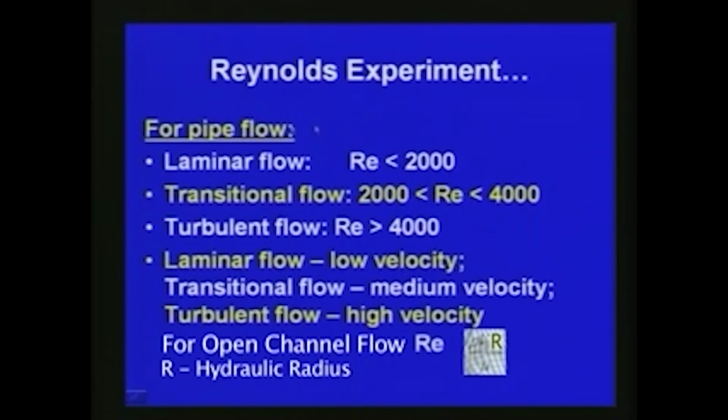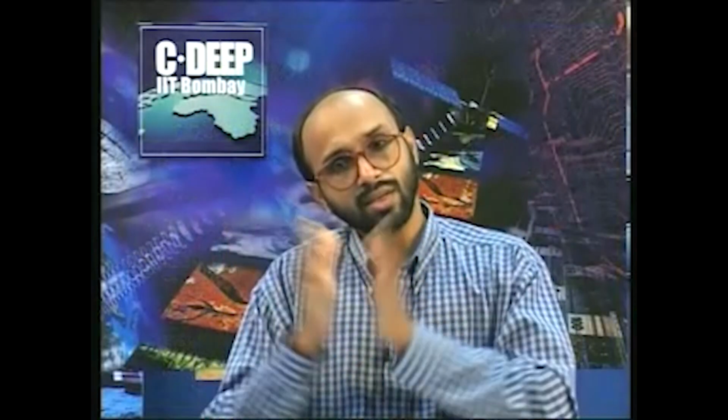Beyond 4000, when the Reynolds number is greater than 4000, the flow becomes turbulent. So for pipe flow, when the Reynolds number is less than 2000 the flow is laminar, between 2000 and 4000 it is at a transitional stage, and beyond 4000 the flow is turbulent.